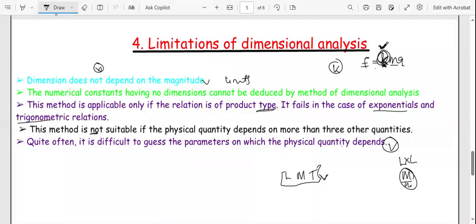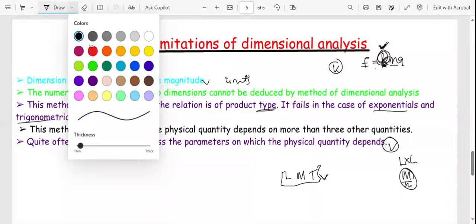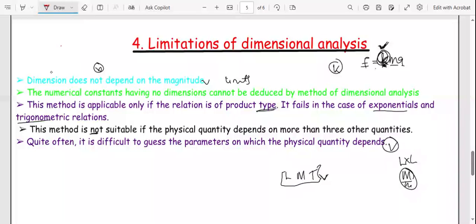But these are the points that I want you to master. It does not give the magnitude. I mean, it does not depend on the magnitude. These are the limitations. The other thing is, it does not give the value of the constant. This dimension analysis is only applicable to product type. It does not relate to trig functions like sine, cos, stuff like that.